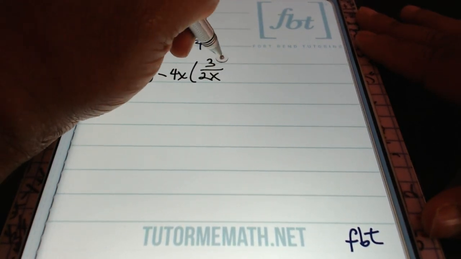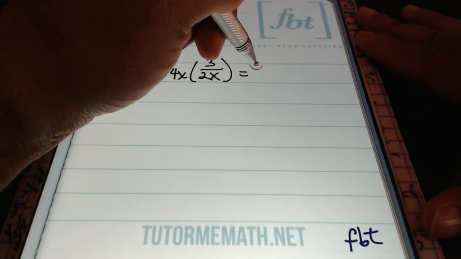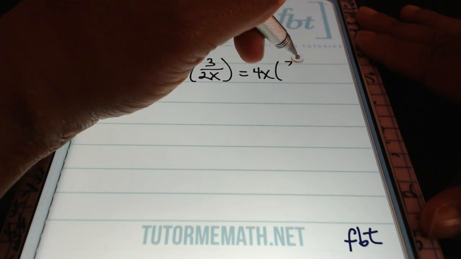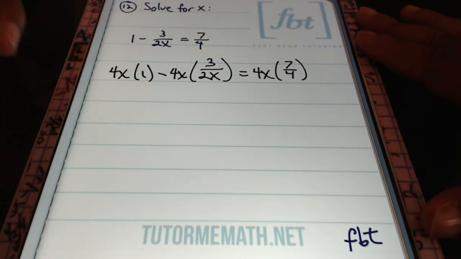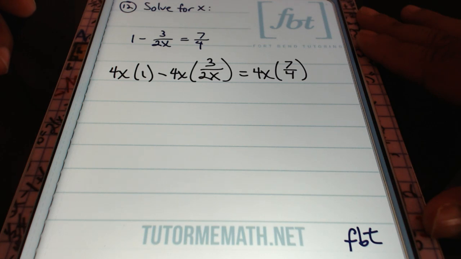Now, when you're dealing with rational equations, guys, you do need to be aware of your domain restrictions. From the beginning, we should know what values will cause this equation to be undefined. What will cause it to be undefined is having x equal to 0, because 2 times 0 is 0, and we can't have 0 in the denominator of a fraction.